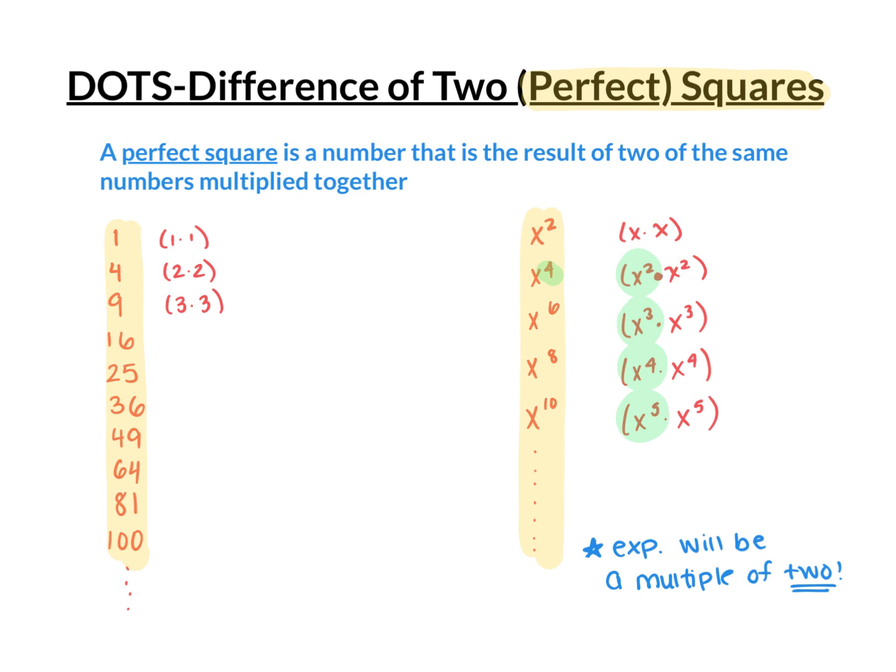So you should be noticing that these exponents here are half. And all this stuff is going to come into play in just a couple of minutes. So I think we're ready for some practice problems.